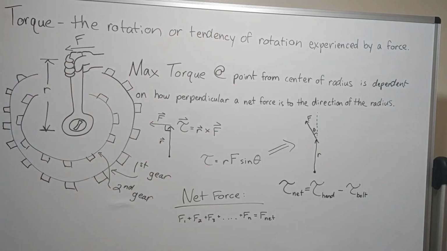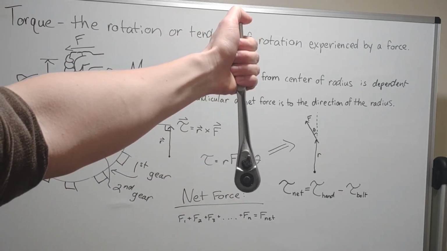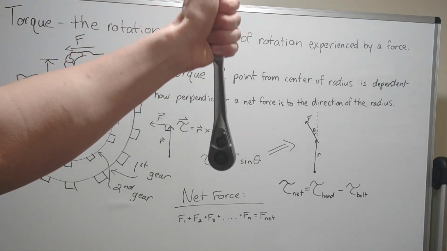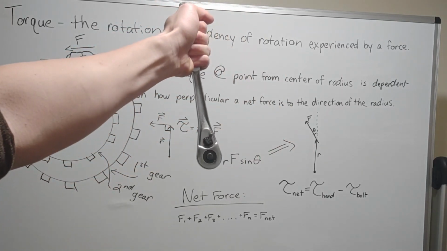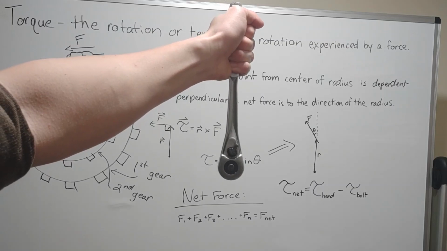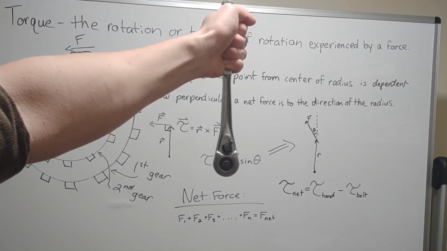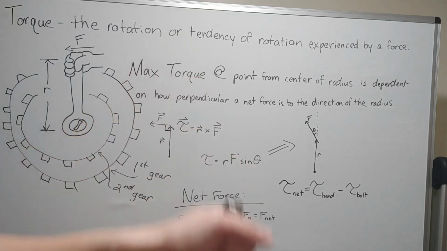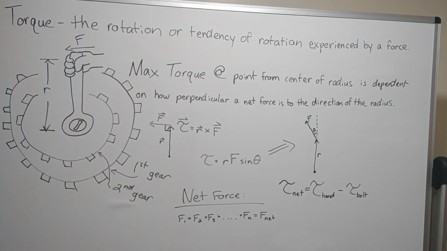But once the torque used by your hand with the ratchet is greater than the torque of the bolt, that's when the net torque is greater than 0 and the bolt breaks loose. That's what happens when you're working on a vehicle or anything and you have a certain amount of force you're giving on here. Well, then you eventually break the bolt, and that's when you have the greater amount of torque experienced compared to that counter torque that the bolt's giving you.